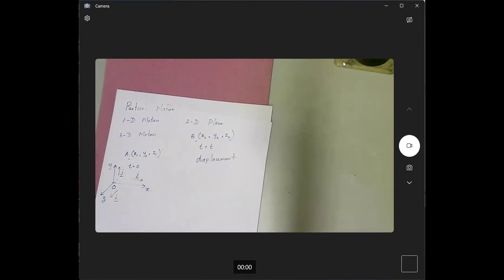Now, can I write the displacement which has happened in the motion from A to B? The displacement, typically denoted by the letter S, is how much?